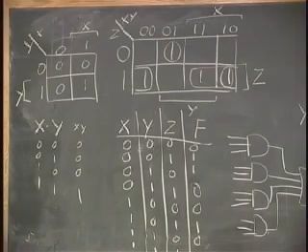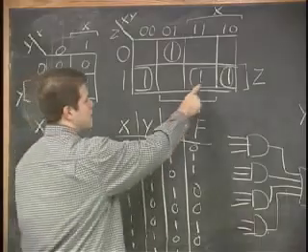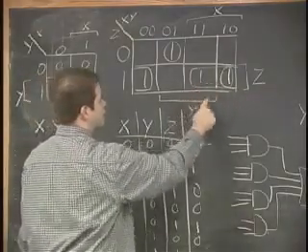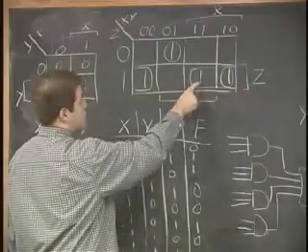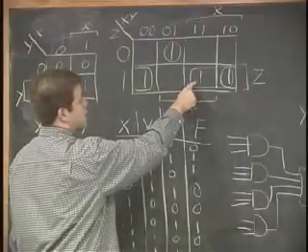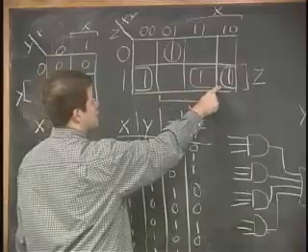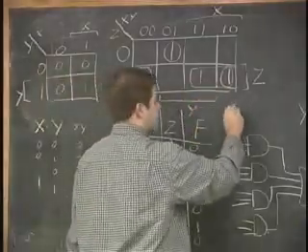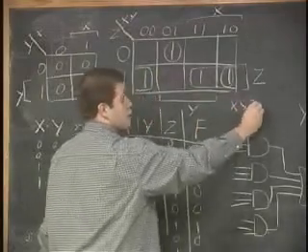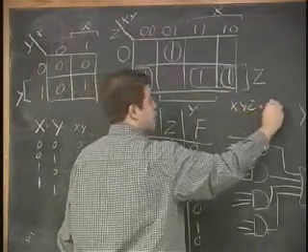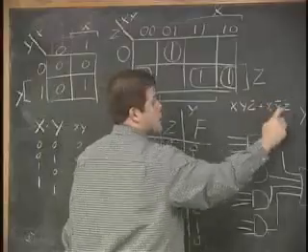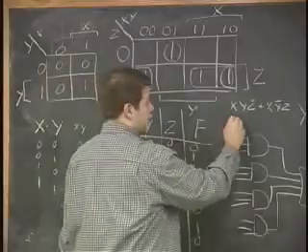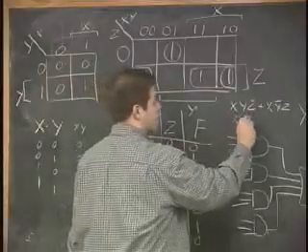Well, let's think about it. Let's look at these 2 values. This one is x, y, z, and this one is x, not y, z. So we have x, y, z plus x, not y, z. According to our combining property, we can simplify this to x, z.